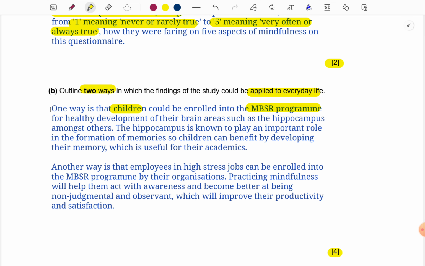Like any answer you're writing, generally you can ask yourself why. So they should enroll because hippocampus increases, like we saw from the Holzel study. Now, how will hippocampus increase help children or students? Because they have to do a lot of academics. Academics is the priority in their life. So they have to study a lot. They have to answer exams. Hippocampus is that area of the brain which helps in formation of memories, encoding.